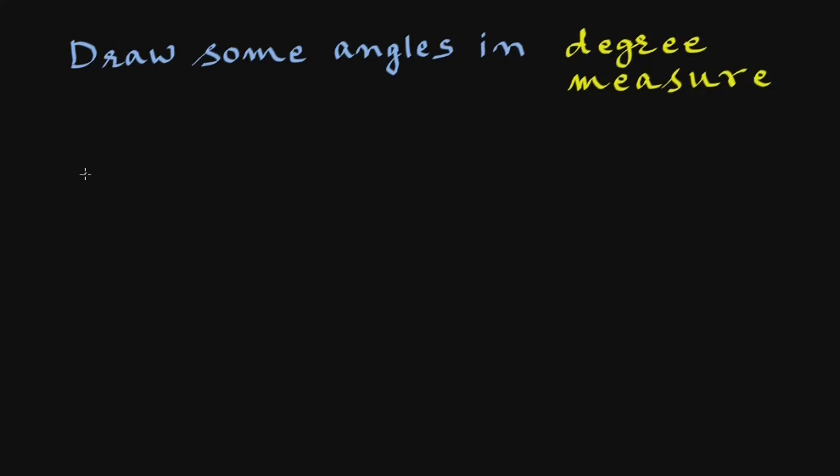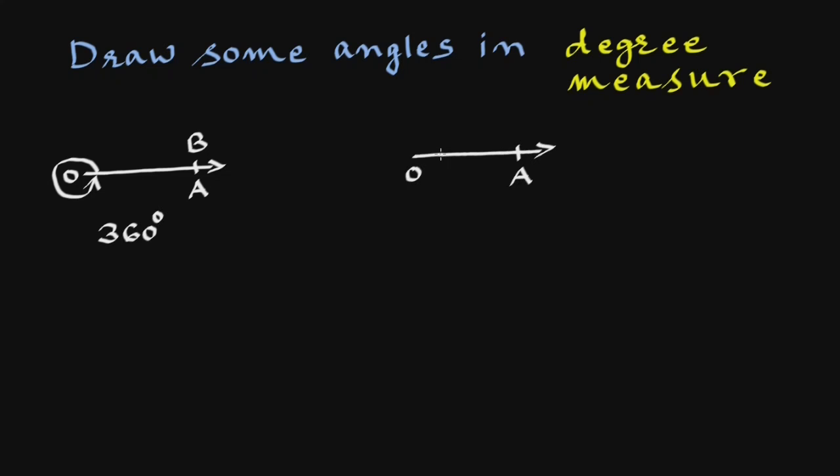Let's draw some angles. In degree measure, when position of initial side OA is same as terminal side OB, the measure of angle is 360 degrees. When the initial side OA is rotated anticlockwise to assume a position of terminal side OB but in the opposite direction of initial side OA, the angle made is 180 degrees.